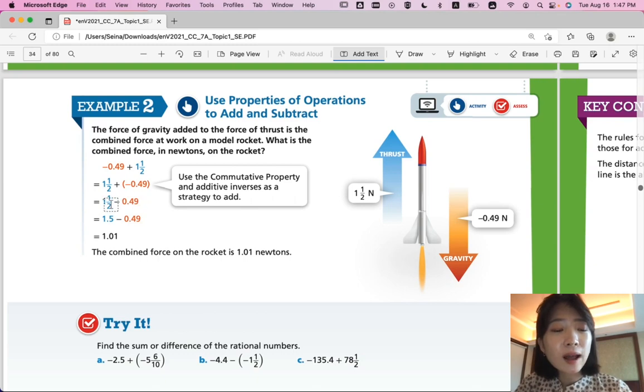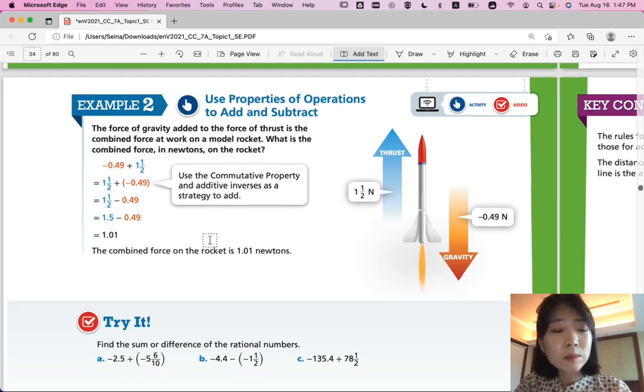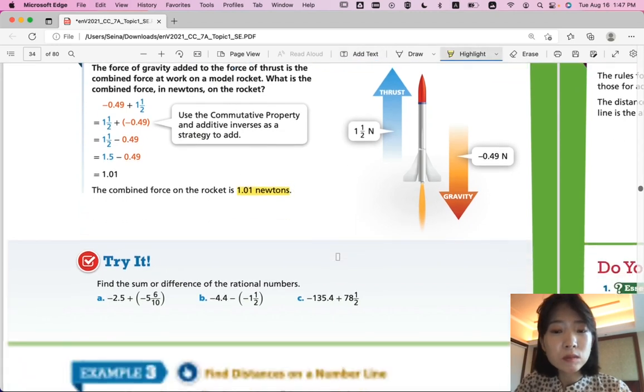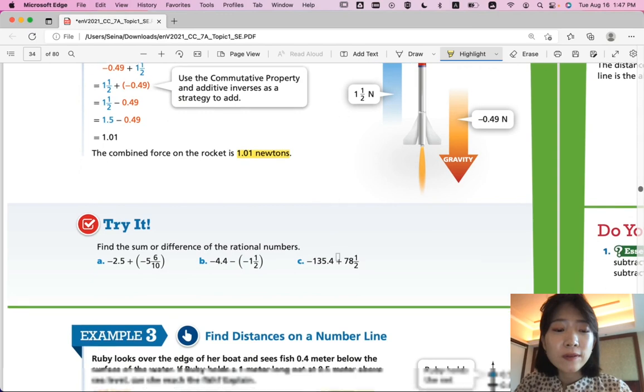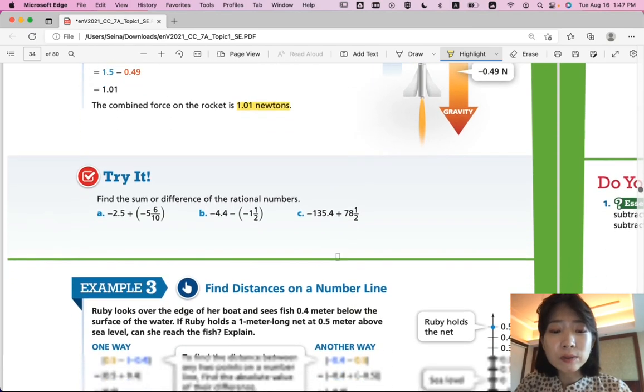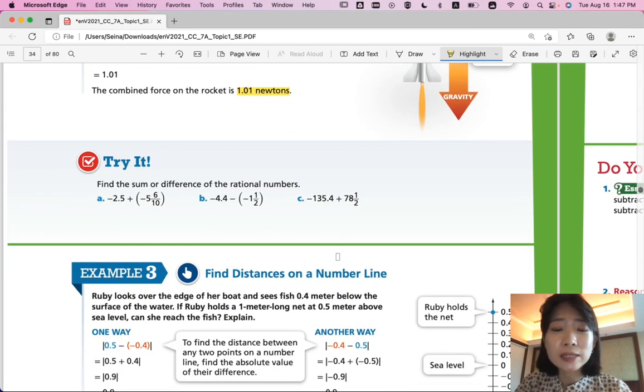And you can change 1 1/2 into 1.5 and subtract them so that it's easier. You'll get a combined force of 1.01 newtons. So now it's your turn. Find the sum or difference of the rational numbers in parts A, B, and C. Come back when you're ready for answers.